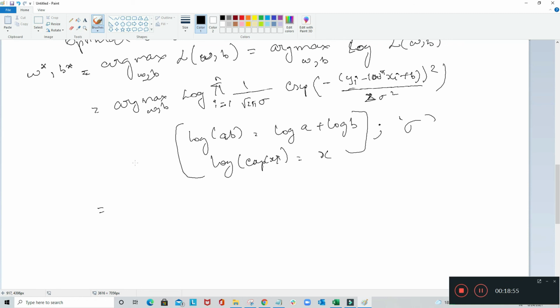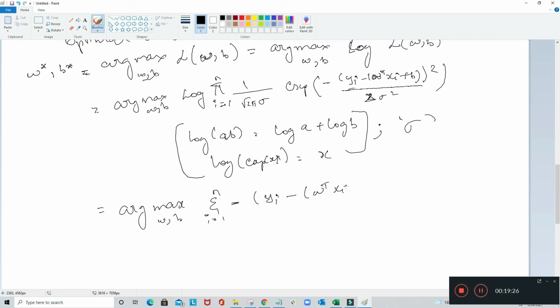argmax w comma b sigma i equals to 1 to n. This inside term only will remain, minus yi minus w transpose xi plus b whole square.